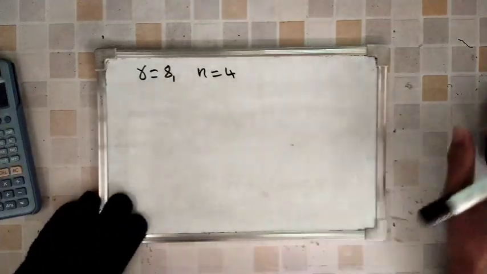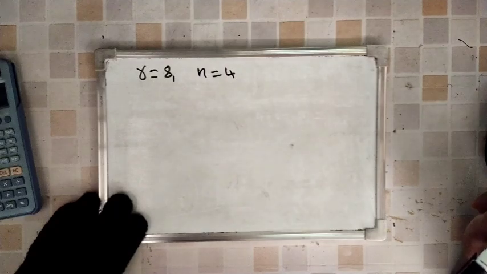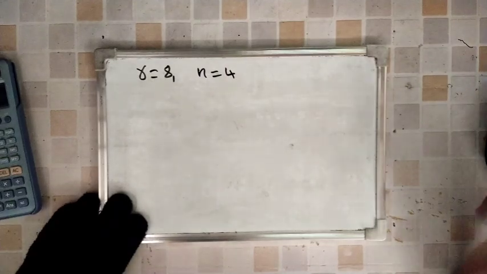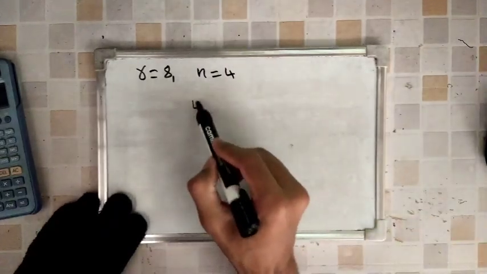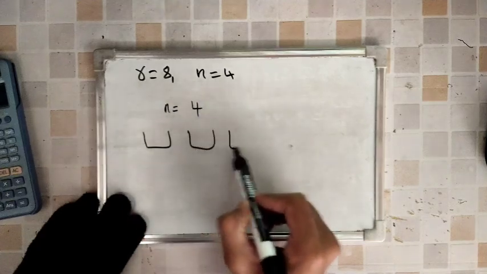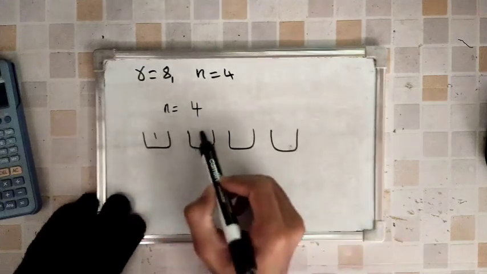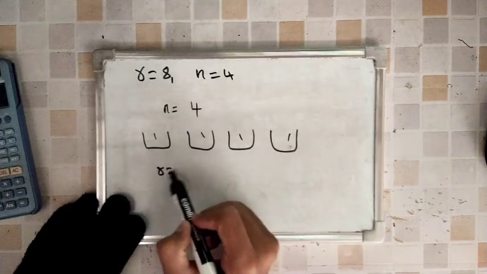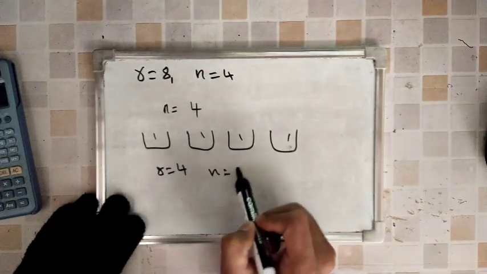So here in the first question they have given no container is empty. So 4 containers are there, n equals 4. First what I will do, in each container I will put one ball. So remaining r equals 4 now, and n is also 4 now.